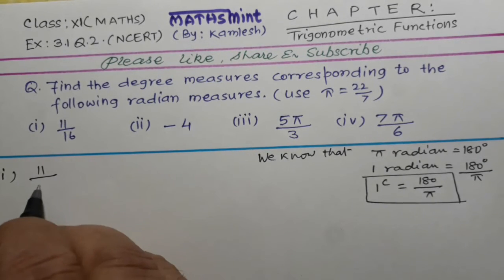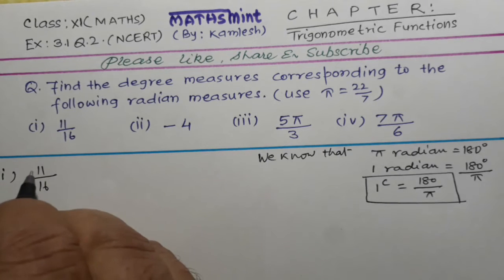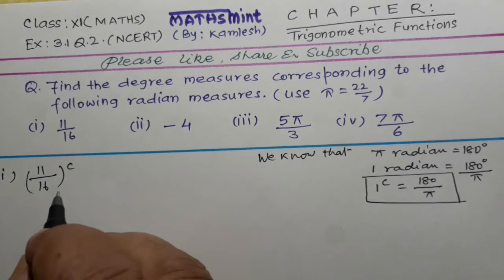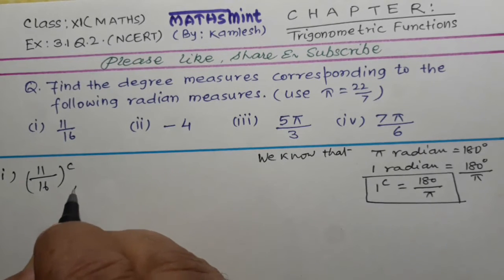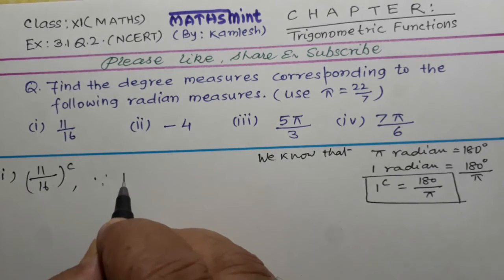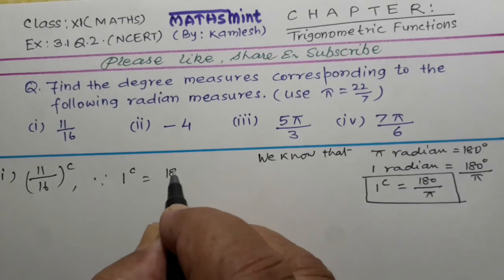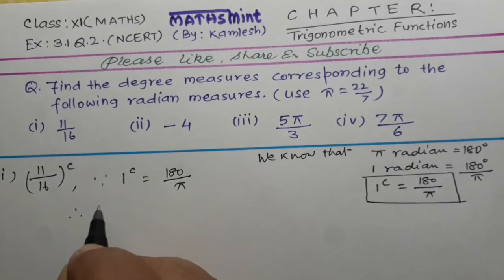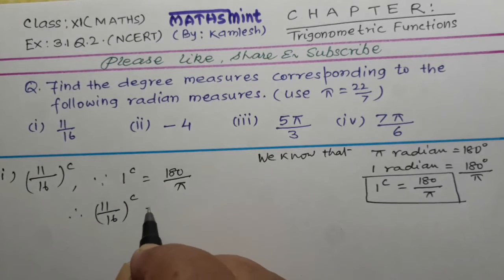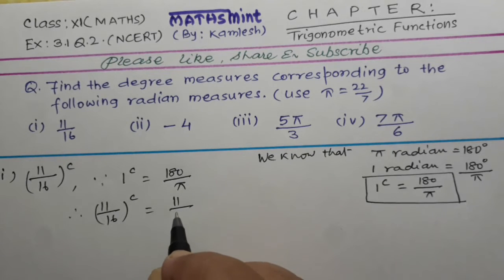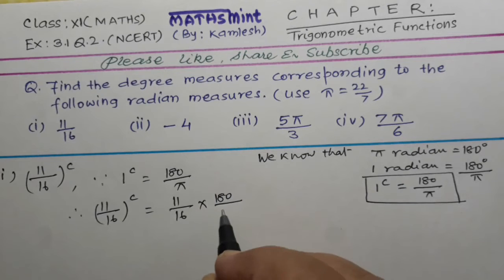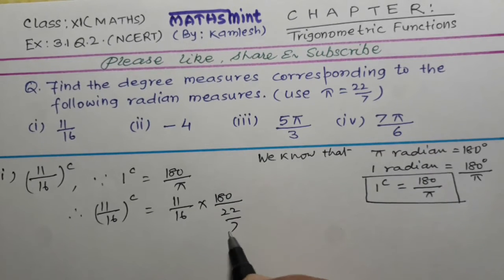Question first is 11 by 16 radian. This is the sign of radian. So we shall write, since 1 radian equal to 180 by pi, so 11 by 16 radian will be equal to 11 by 16 into 180 by pi, that means 22/7.